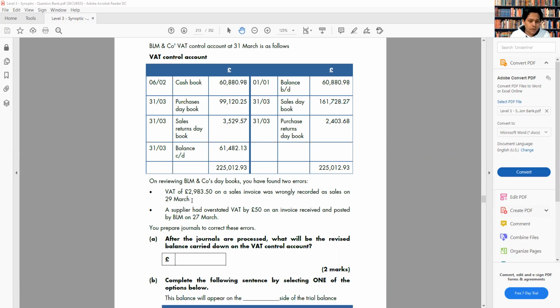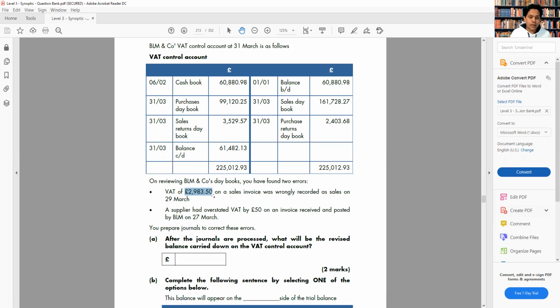The VAT of 2983.50 on a sales invoice was wrongly recorded as sale on the 29th of March. Basically, something was VAT, but mistakenly I said it is a sale. So this 2983 was VAT on sales, but mistakenly I said this is a sale, and as soon as I said it is a sale, it went to the sales day book, not the VAT control account.